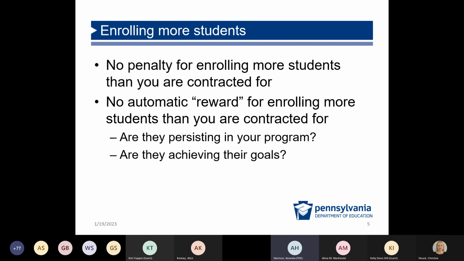Are they achieving their goals? Those are the important things to think about. So it is okay, if you have the capacity to serve more people than you're contracted for, and you're able to keep them in the program and work with them, help them meet their needs, achieve their goals, hopefully in the process also meeting our outcomes, that's fine.